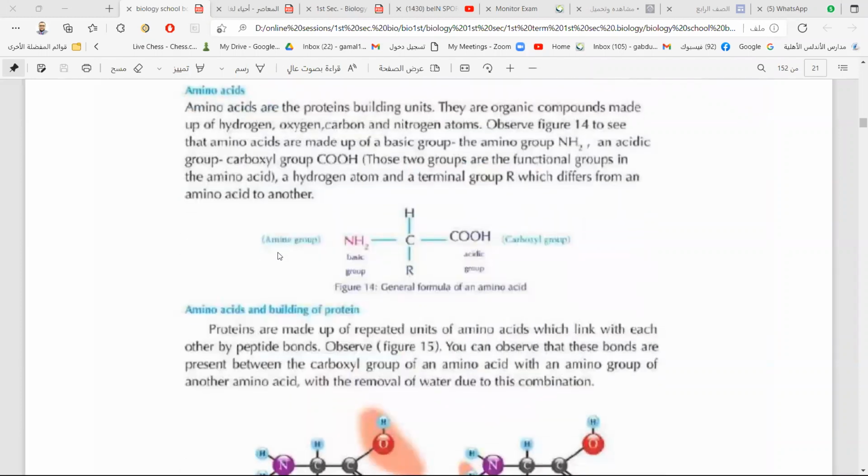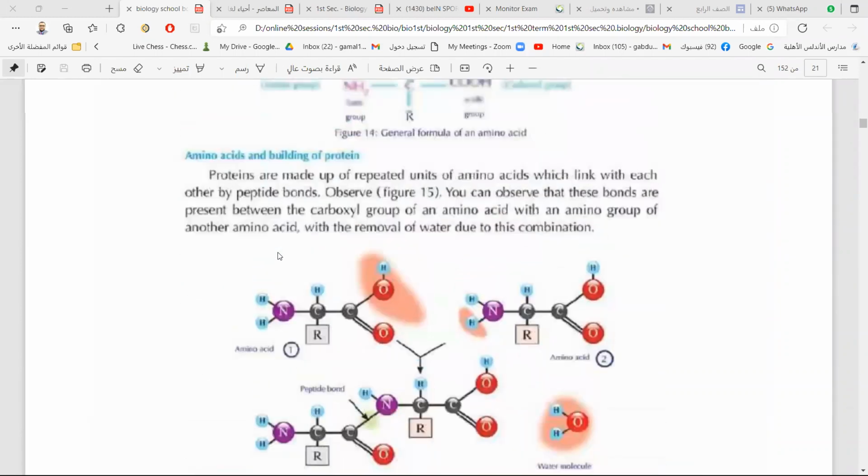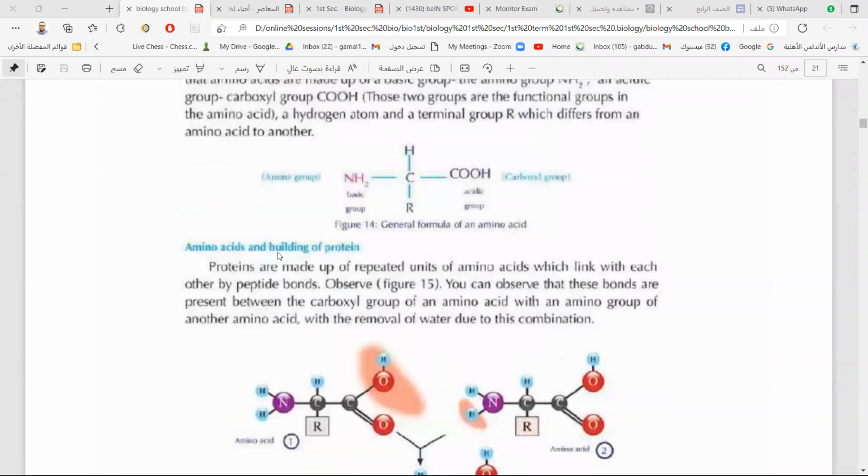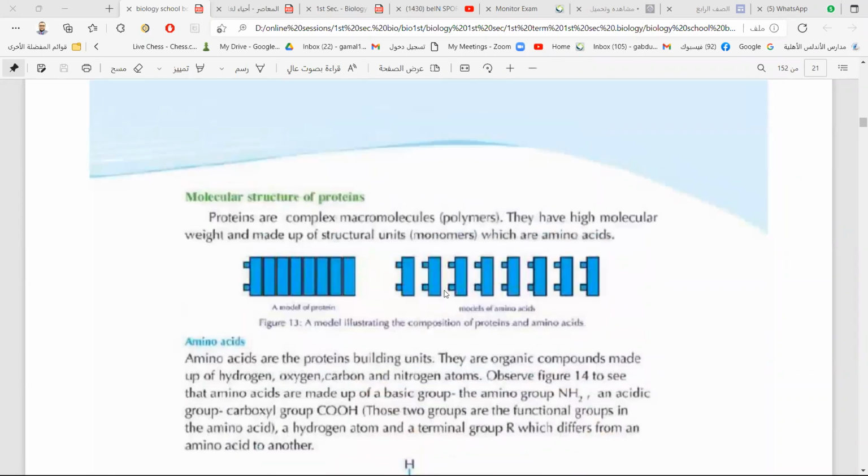Although we have 20 amino acids, we can make a very big number of proteins by changing the arrangement or the order of amino acids, changing the number of amino acids, and changing their type. We can change the type of amino acids, the order of amino acids, and the number of amino acids.